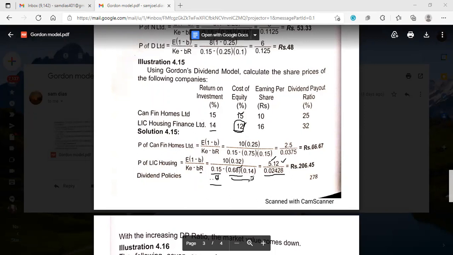If we deduct 0.0952 from 0.12, we will be getting 0.0248.